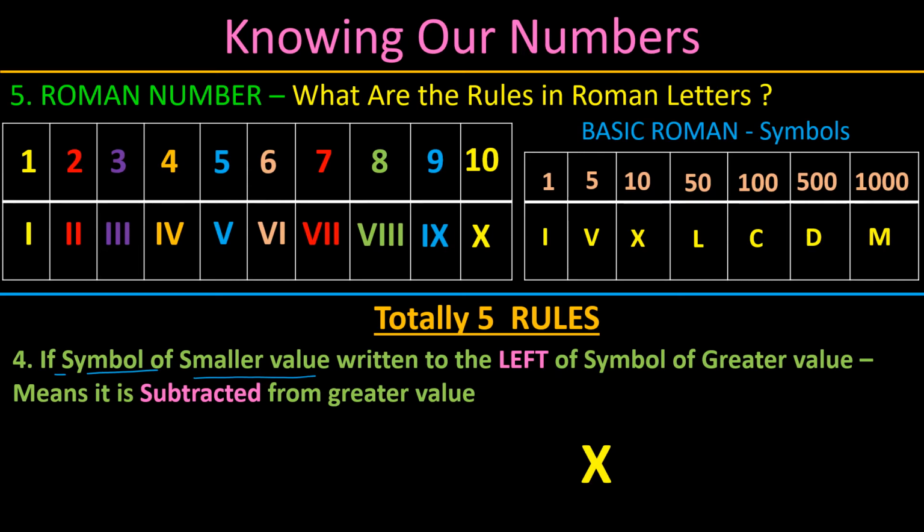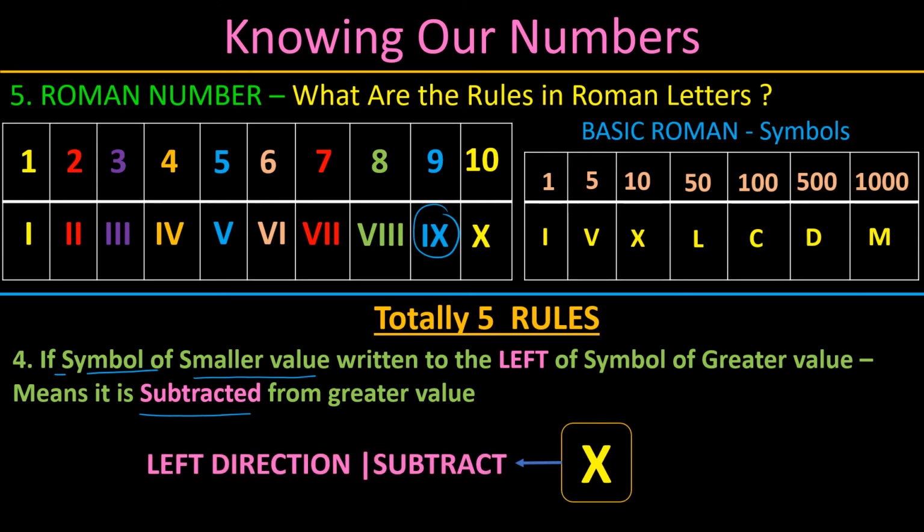For example, if you write like this, left is called subtraction. This becomes a 9 here. You see here, anything towards the left is called subtract. This is 9, and if you want to write L as 50, and you write X before it, this becomes a 40.